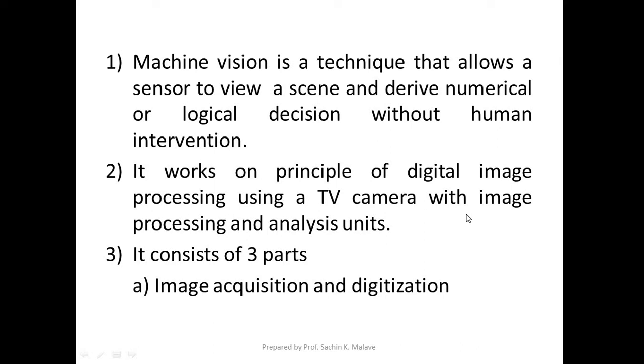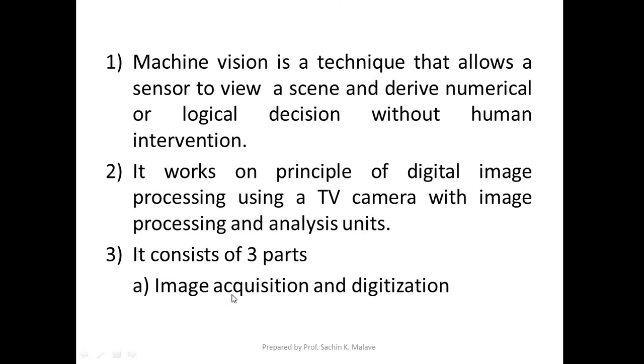That digital image is processed, and after processing, the image is analyzed, and the information about that image is derived or collected. This is the basic working principle of the machine vision system.